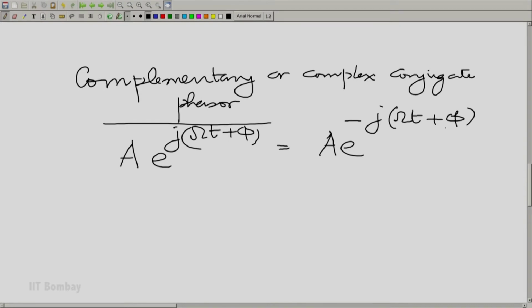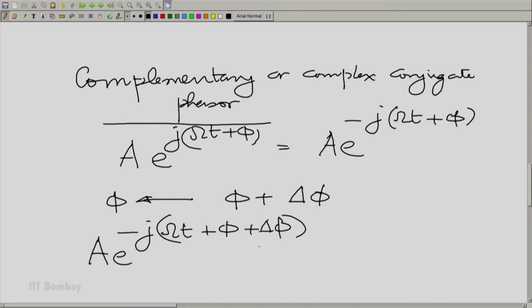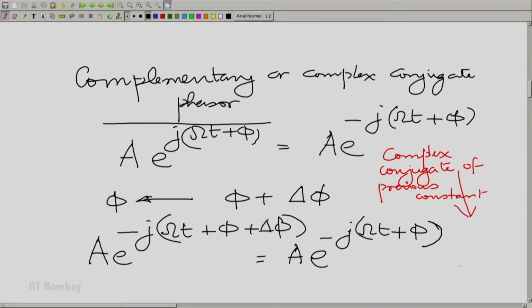And here again, let us effect a change of phase. Now, the important thing is that when we make a change of phase of delta phi here, so let phi be replaced by phi plus delta phi as before, we would of course get A e raised to the power minus j(omega t plus phi plus delta phi), and this is essentially the original phasor multiplied by e raised to the power minus j delta phi.